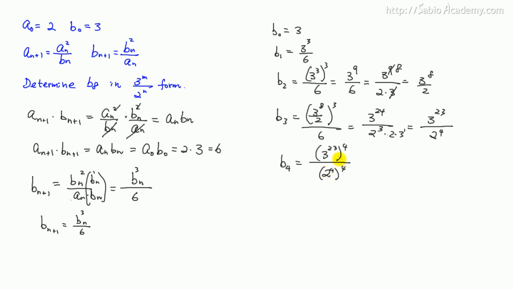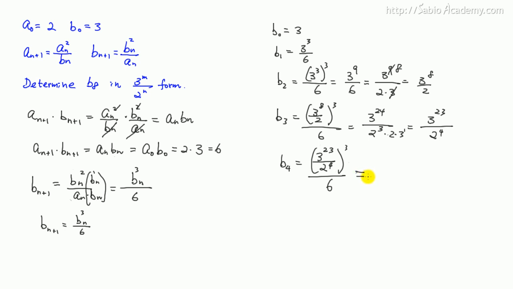Okay, third power. What am I doing? Cubed. So it's third power. So let me just do it right this time. So I got to take the whole guy, 3 to the 23rd over 2 to the 4th, the whole thing to the third power, over 6.